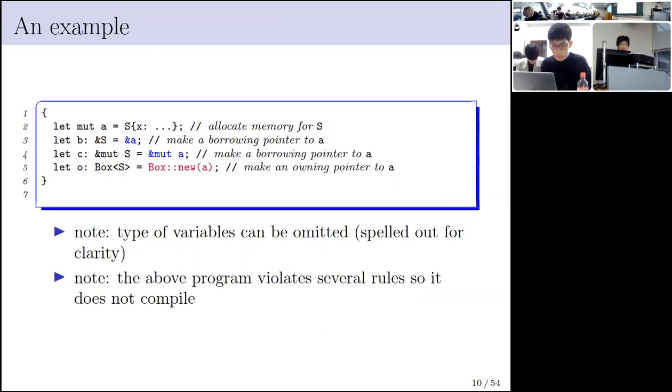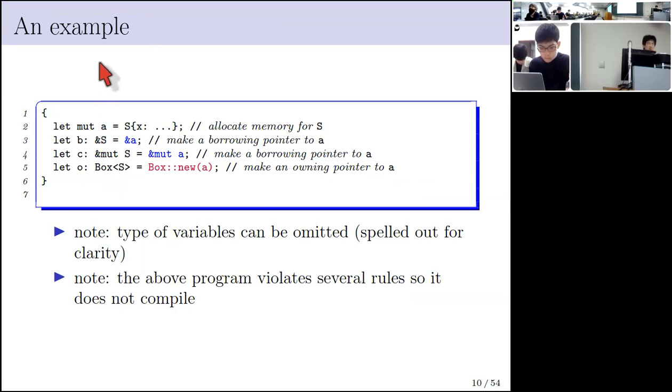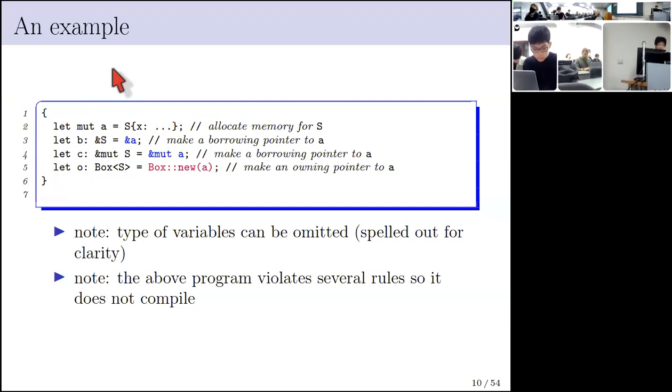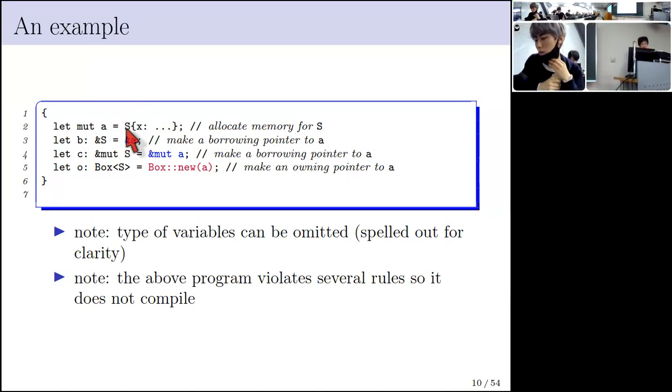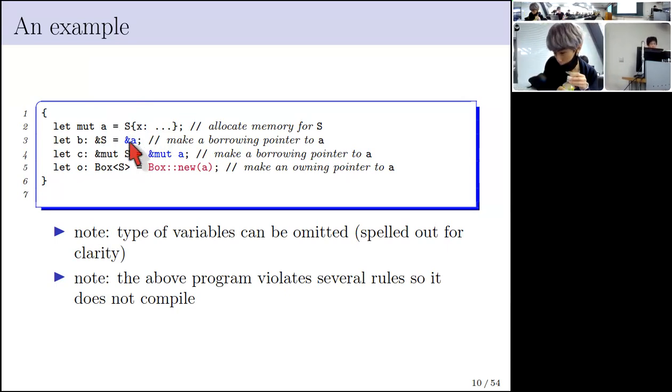Just to make sure we are on the same page, here is an example, a concrete Rust program fragment that uses all these concepts. First of all, you make a structure, let's say S, and you assign the structure to a variable a. And you can make a reference to this structure by &a.